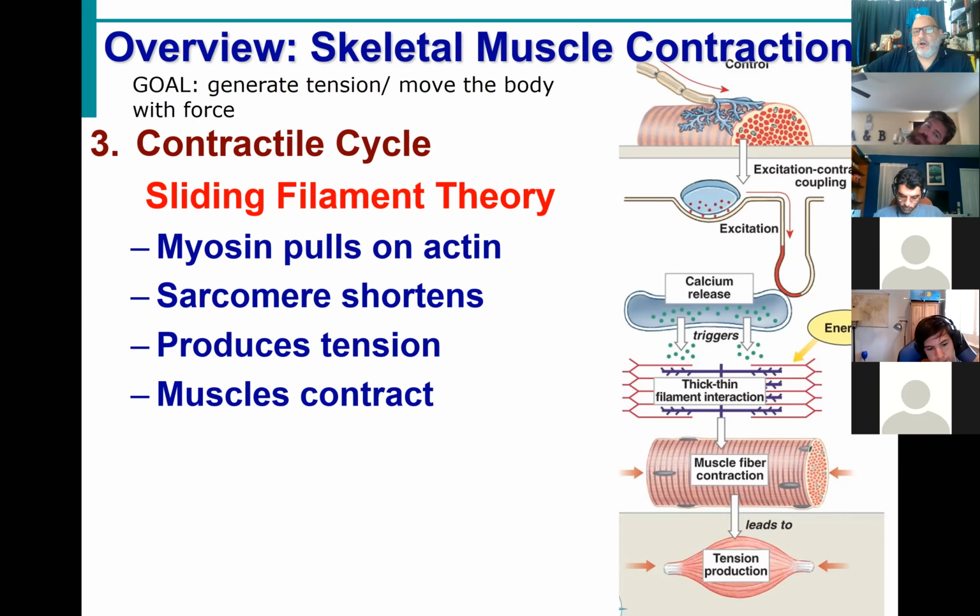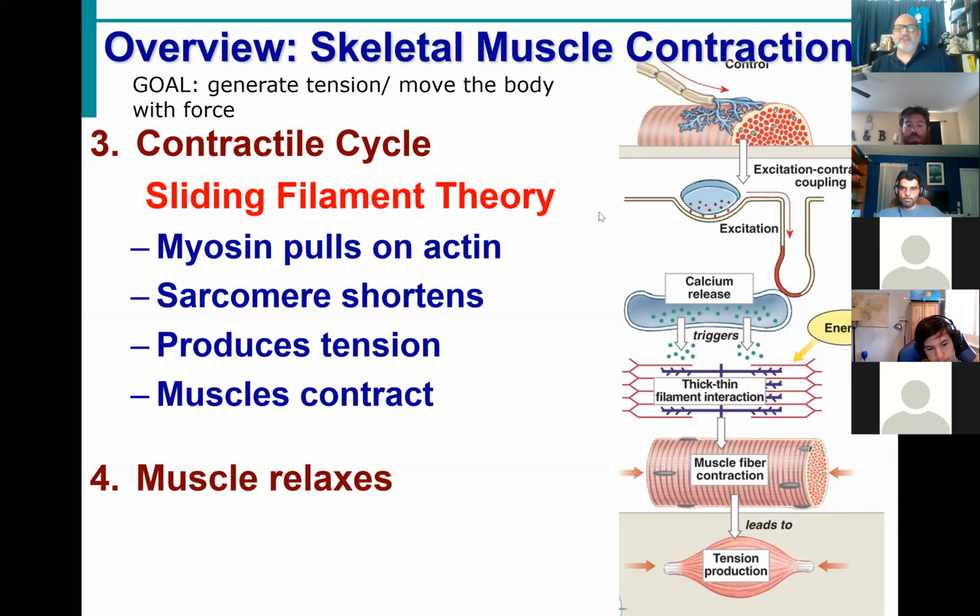So those are the three phases, the three steps that together make this whole continuous process that is a skeletal muscle contraction. Now, if there was a fourth step, what would it be? Muscle relaxation. Yeah, relaxation, stopping the process, because once the muscle's contracting, we don't want it contracting forever.